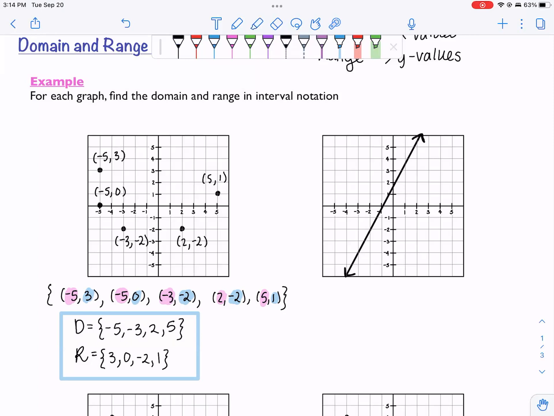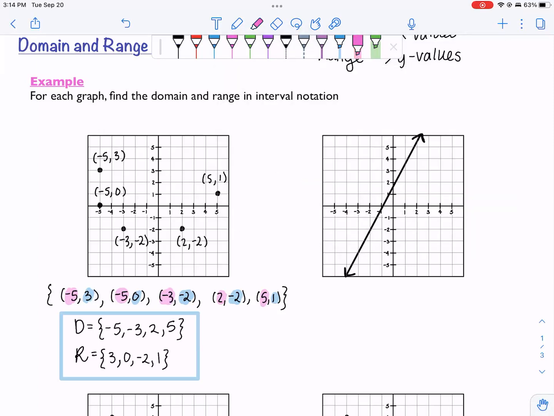It gets different when we have actual graphs with lines, with solid sections here, because now there are infinitely many points. For these ones here, we're looking at extending this graph off the screen infinitely. And we're asking ourselves, for all the coordinate points that exist at all on this graph, what are the possible x values and what are the possible y values?